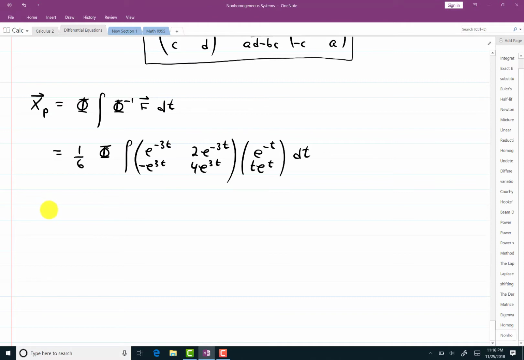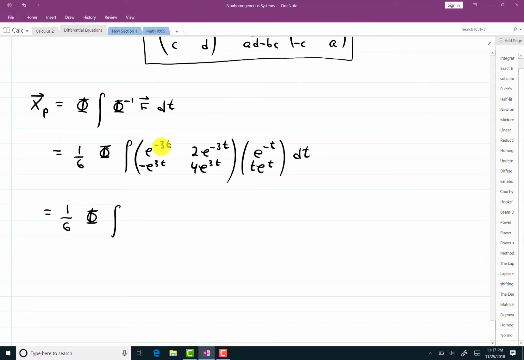And let's go ahead. This is nothing but unpleasantness. But it has to be done. Unless your calculator has a computer algebra system and you're able to do all this with it, you're kind of forced to do it by hand, I guess. It's unpleasant, but so it is. I take this first row and multiply it by this column.